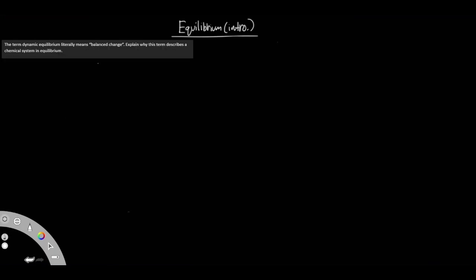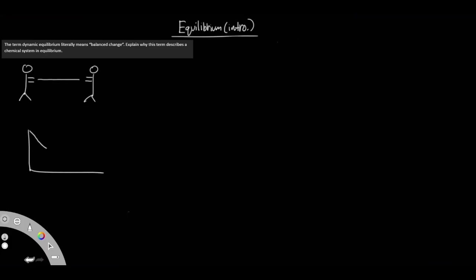The term dynamic equilibrium literally means balanced change. Explain why this term describes the chemical system in equilibrium. So like the tug of war example that I provided for you, this is happening dynamically. This rope is going towards the left, the rope is going towards the right. In a chemical system, it's the same thing, like we drew out with that chart.